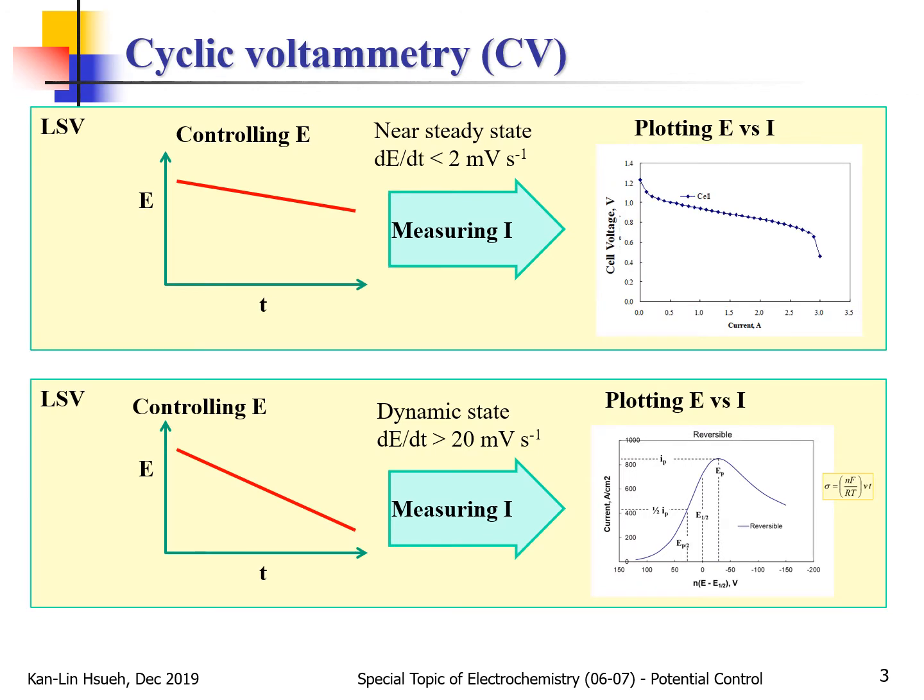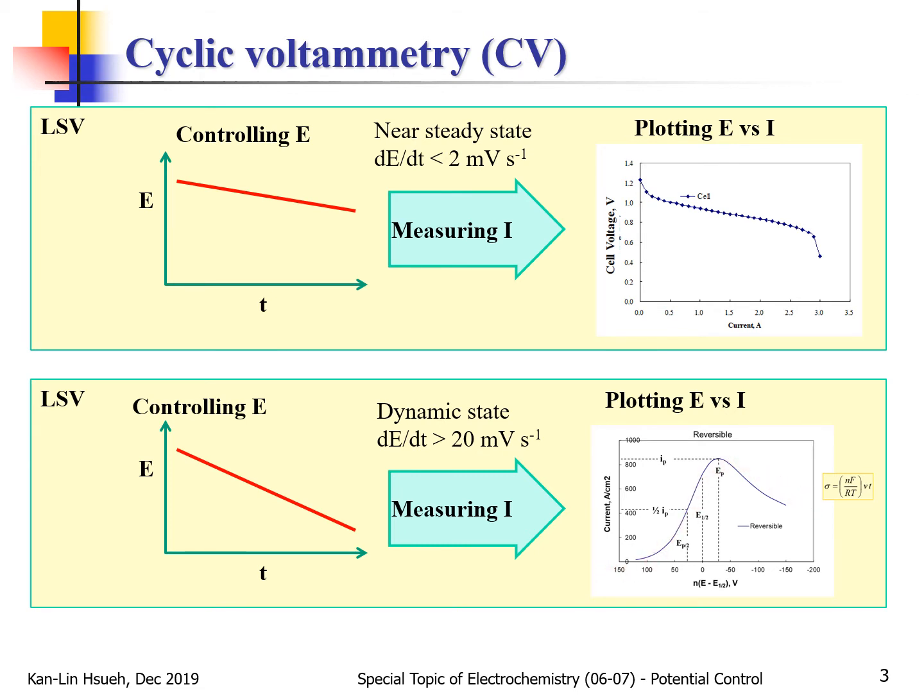In the previous section we talked about linear scan voltammetry at a low scanning rate. At a low scanning rate, we measure the current against the potential, which is almost like a steady state condition. But if we scan at a much faster rate, then we get a transient behavior.